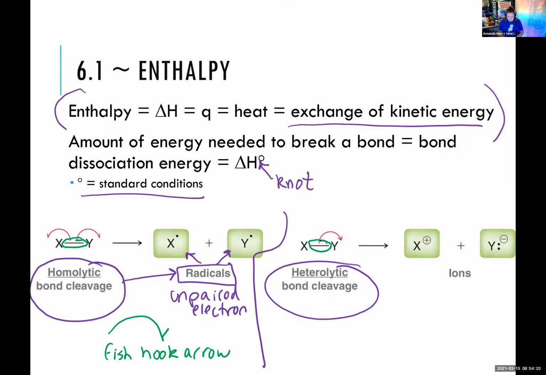And when that happens, we're going to make ions. Because the electrons went onto the Y atom, our Y is our anion because it gained those electrons. And the X is our cation because it lost the electrons that were part of the bond.